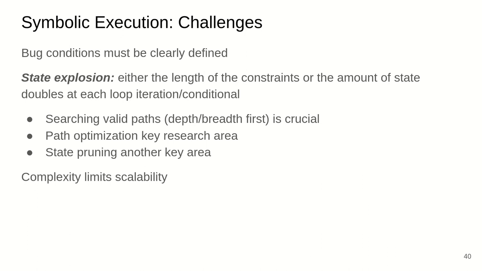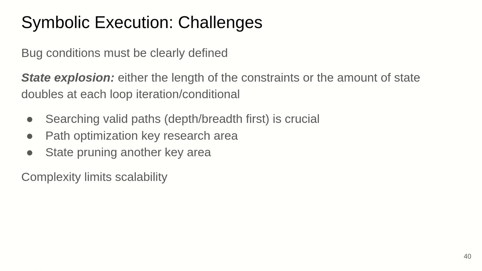And one of the big issues that symbolic execution has is state explosion. Symbolic execution needs to evaluate each possible path through the program, which very quickly explodes due to the massive amount of complexity in the current program. Either the length of the constraints or the amount of states doubles at each loop iteration or conditional. Right?